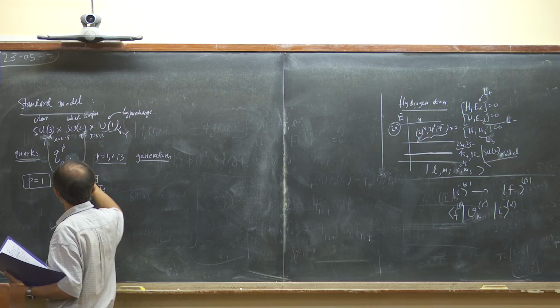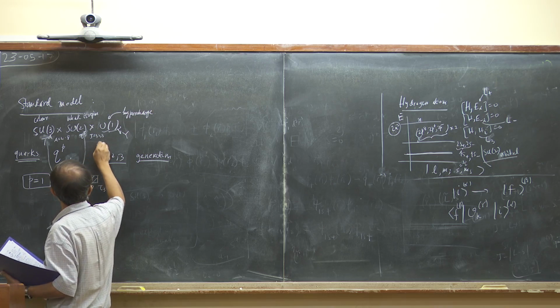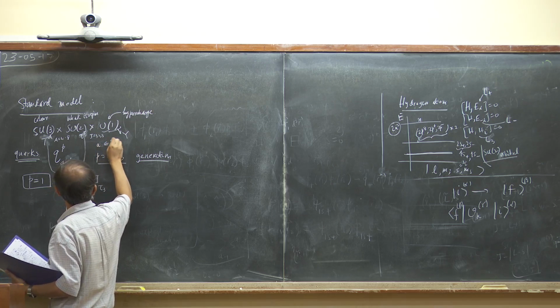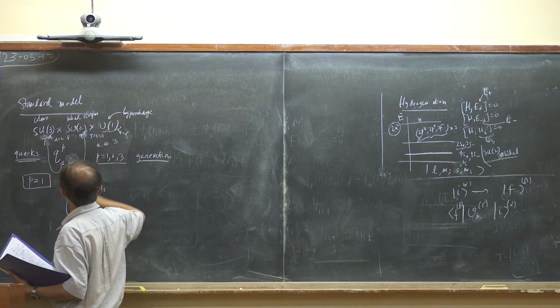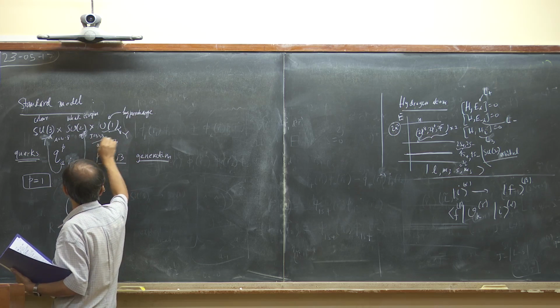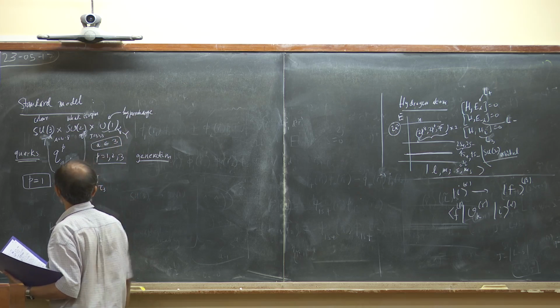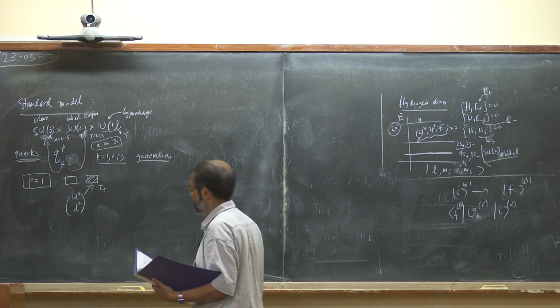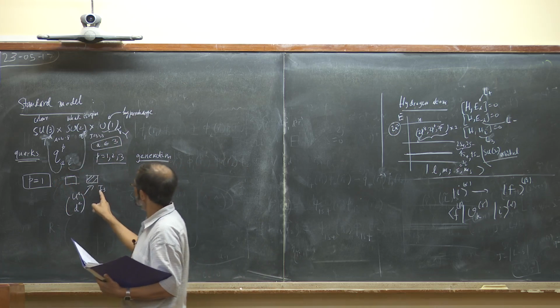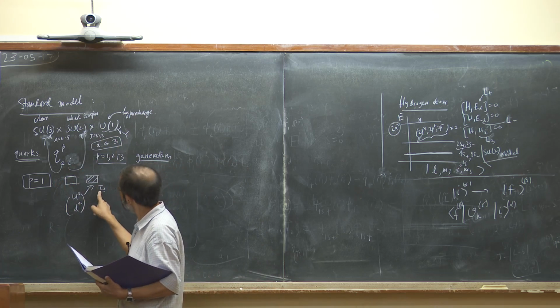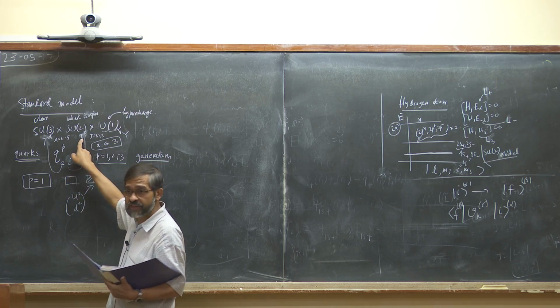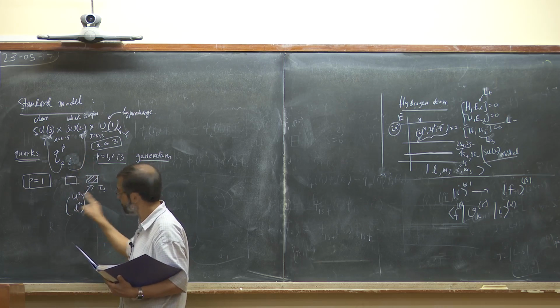So this A belongs to what is called 3, and that's the fundamental representation. That's all we would note about this. Can somebody tell me what the eigenvalue of tau 3 is? Tau 3 is the third generator of SU(2) for U.